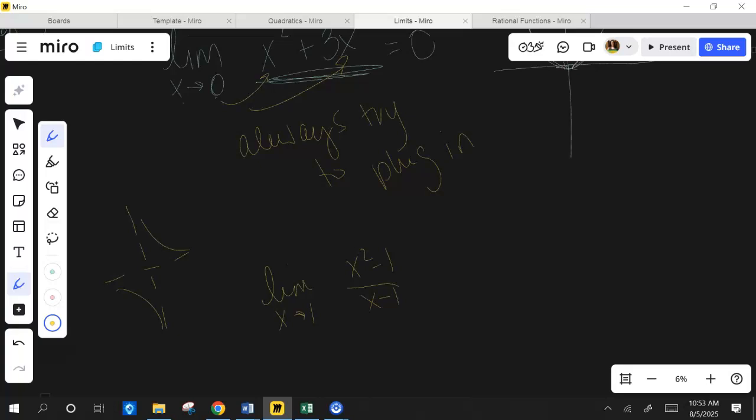Does anybody disagree? I disagree. Several things are happening here. One, I'm trying to go to 1, so if I plug in, what happens? It's 0 on the bottom.